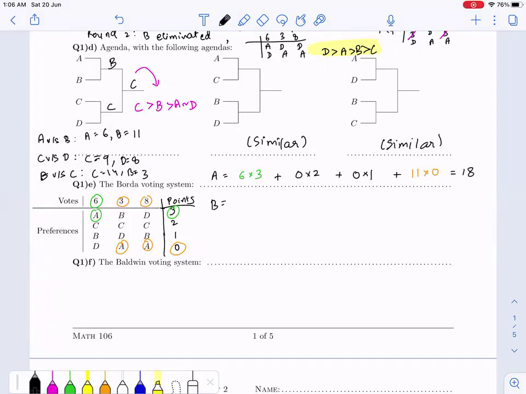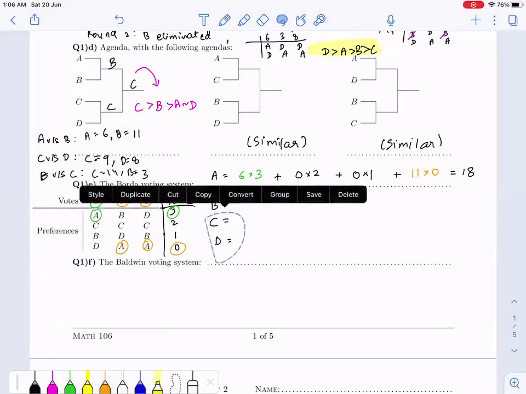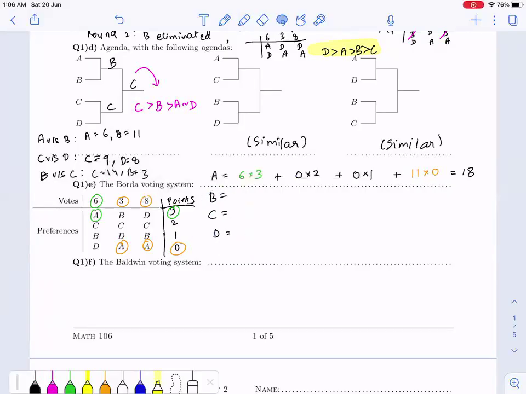Let's do the same thing for B, C, and D. Let's do B now. B has 3 votes as their top choice. So that's 3 votes times 3, the weight for the top choice.